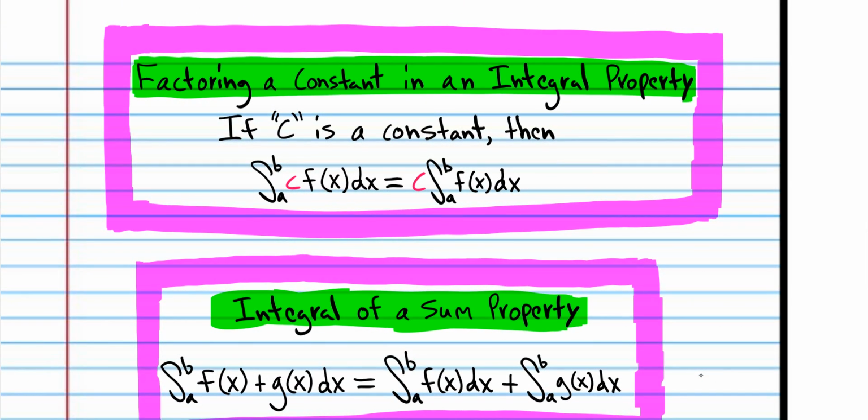One property says that if you have a common factor in all the terms in the function inside of an integral, you can take that constant out of the integral. So notice we have a c value here, and we actually put it in front of the integral.